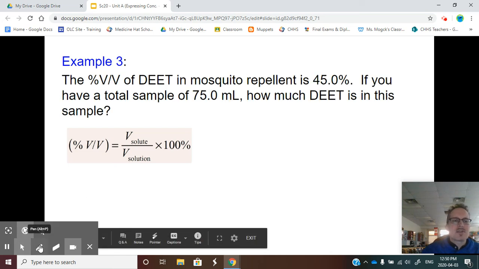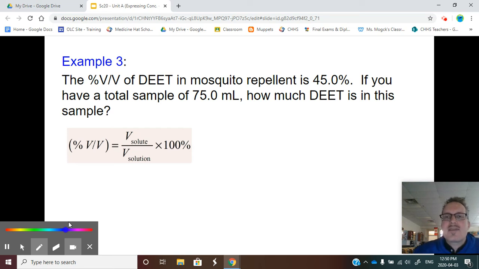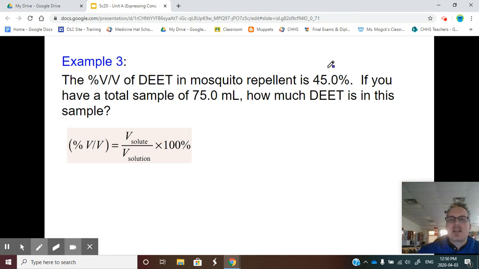Now, question number 3 is quite different. Question number 3 is going to give us things we haven't had before, and we're going to have to rearrange this formula. So the question says, the percent by volume of DEET in mosquito repellent is 45%. So this is going to be my percent by volume this time.